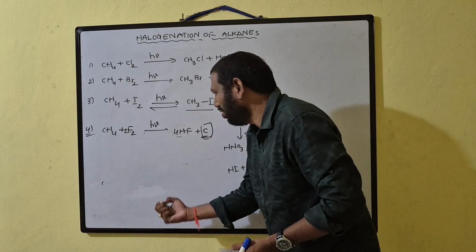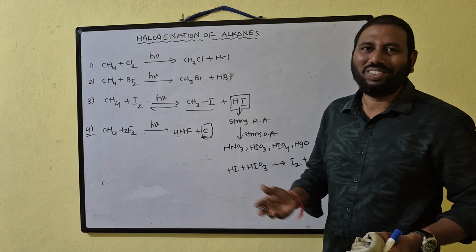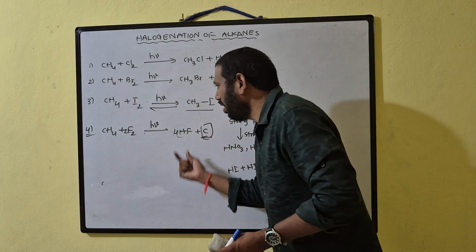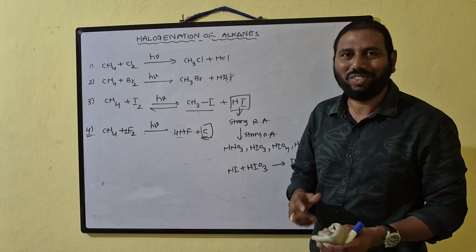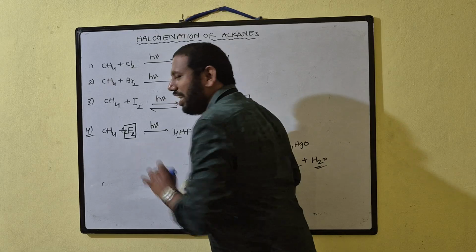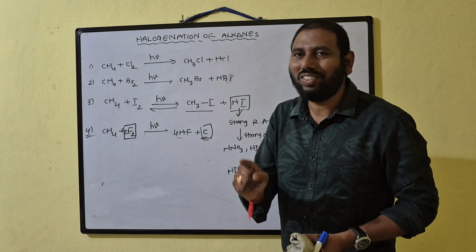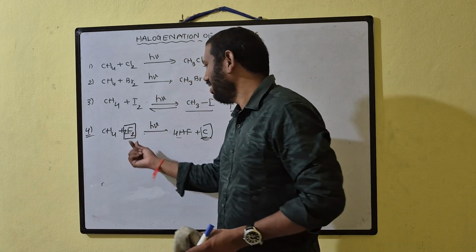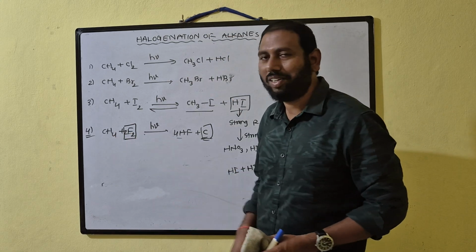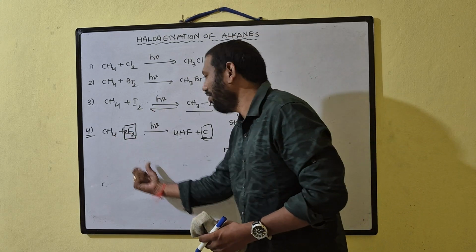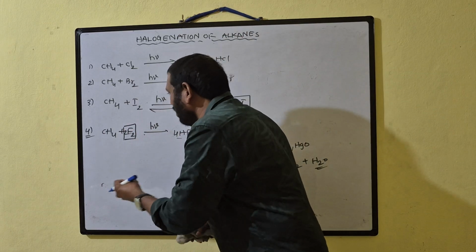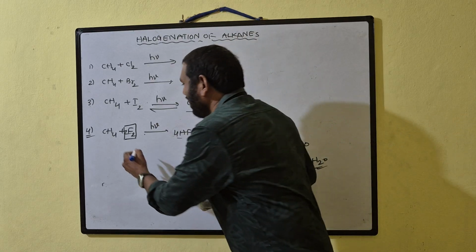So to get chloroalkane, what do we do? At any cost I need chloroalkane from this method. Chlorine is hyperactive, so we have to reduce its reactivity. How can we reduce the activity of chlorine? By adding inert gases.